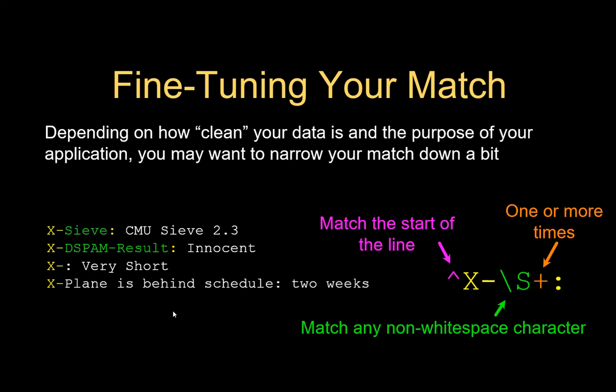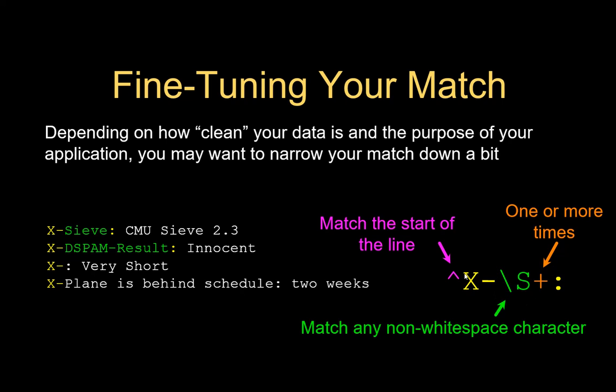Okay, so another way of fine-tuning our search is here. We have \S. So at the beginning we have caret and capital X dash, which means we are interested in lines that start with capital X and dash. This is one condition that we are interested in. Then we have \S, capital S, which means any non-white space character.